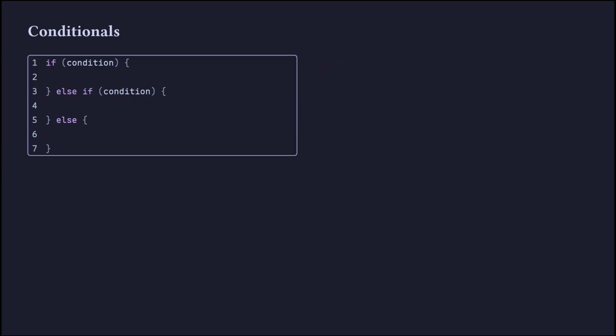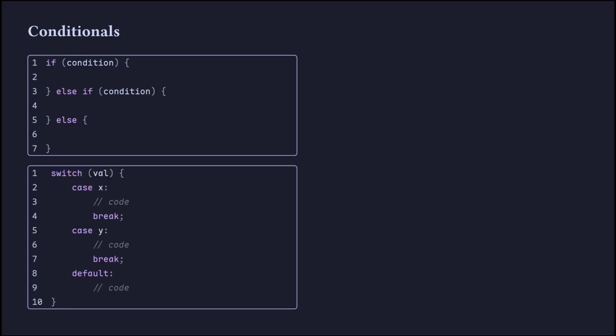conditions in C, very standard. If, else if, else. For C's switch statements, we don't really have a constructor like Java where we can assign out of a switch. It's all imperative and is just a nicer way of writing if chains.